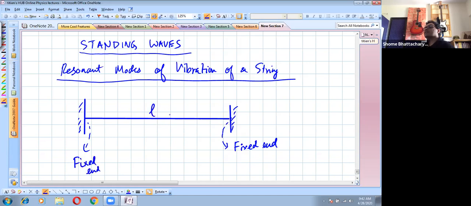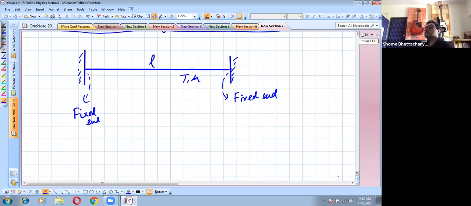And the string has a length L, tension T, linear mass density mu. So you can see that the different modes of vibration possible here for the string become like this.